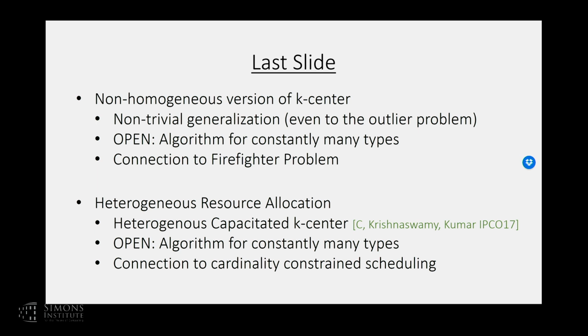We have this heterogeneous capacitated k-center problem in IPCO this year. Again, if you have constantly many capacities, it's open to get unicriteria. So there are no unicriteria algorithms in general, and if you have constantly many types, I don't know if you can get unicriteria order 1 approximations. And here there was a connection to some scheduling problems which are still open. So with that, I will stop.